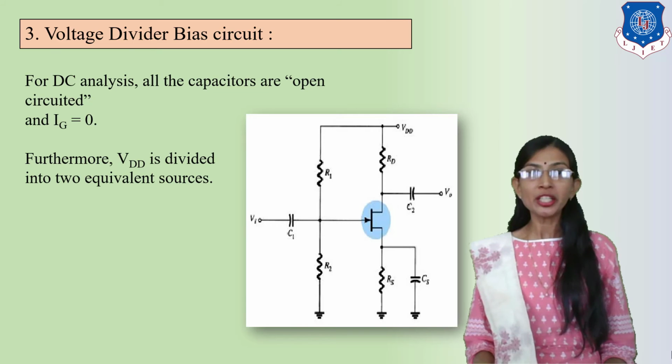So it is known as potential divider, R1 parallel R2. VI input is applied through the C1 coupling capacitor, and similarly the output signal will be taken at the output terminal, that is the drain terminal, through the C2 coupling capacitor. So here C1 and C2 are coupling capacitors. Okay, fine. Here we have used four resistances: R1, R2, RD and RS.